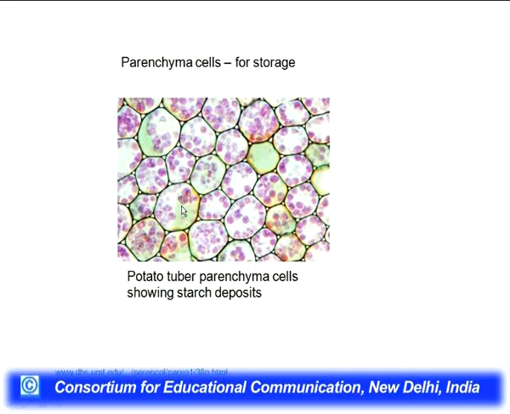Many of you know that potato is actually a quite hard stem, and it is full of only parenchymatous cells. In between you can see these tiny purple dots, which are stained for starch. These are called amyloplasts. These amyloplasts are starch filled organelles which are present in large quantities in potato tuber.